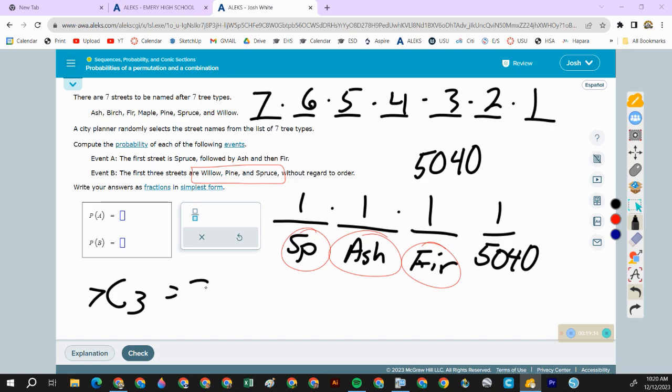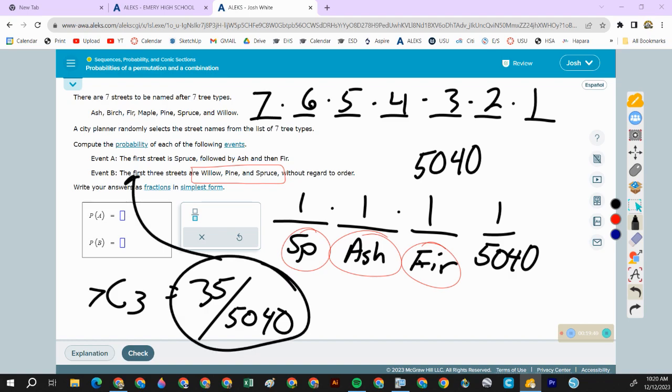So this is 35. We divide that by 5,040. And that is this one. Got it? All right. Get to work.